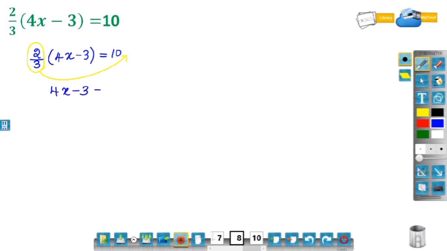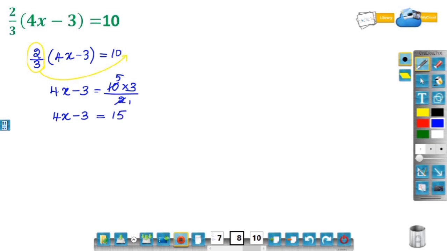So that becomes 10. It is divided by 3 on the left hand side, so that becomes into 3. Then divided by 2. 2 5s are 10.